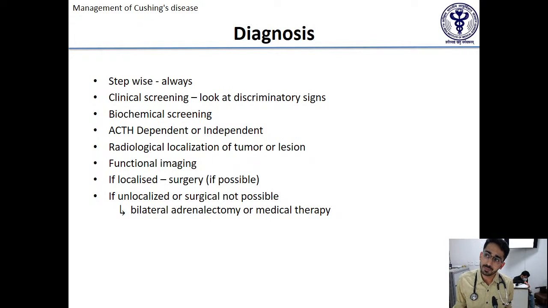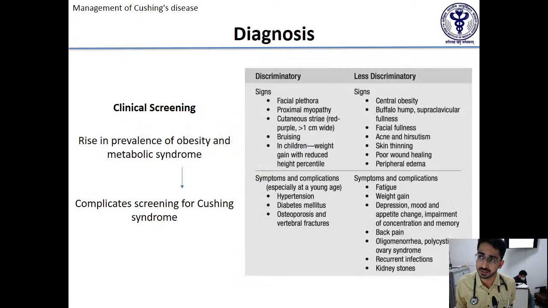Then we have to do biochemical screening, and if positive, we have to decide whether the patient has an ACTH dependent hypercortisolism or independent, and further go on to localization of tumor by radiological imaging and then functional imaging if possible. And if we are able to localize, if we can subject the patient to surgery, well and good. If not, then we have to look at the medical therapy or bilateral adrenalectomy as the last resort management.